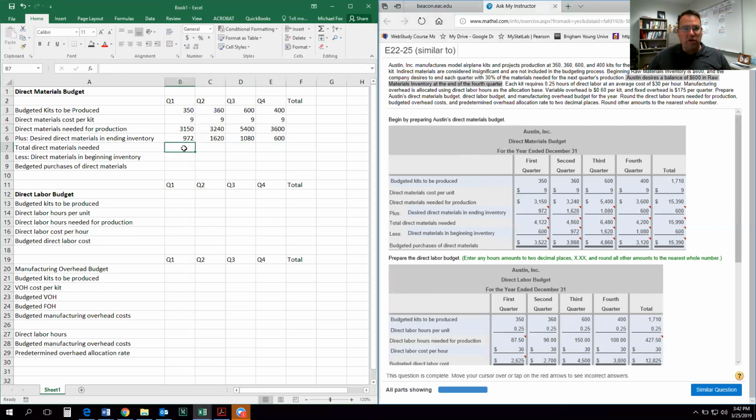So our total direct materials needed is just our direct materials needed for production plus any desired ending inventory of direct materials. I'm just going to use the fill tool to carry that formula over. And then less the direct materials in beginning inventory. So we'll have to look up here, and the beginning raw materials inventory is 600.